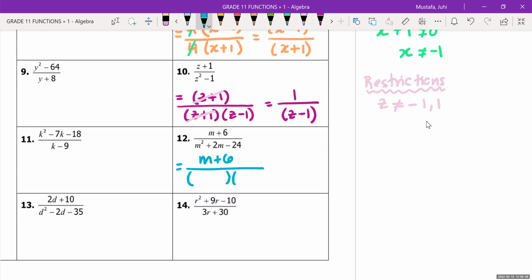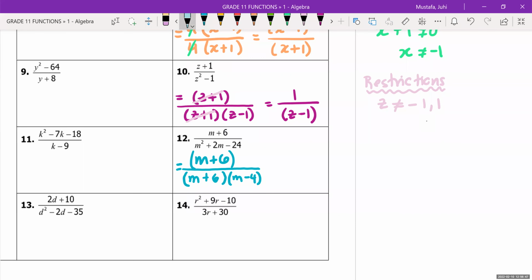You're going to get some practice factoring a simple trinomial. So I got m plus 6 in the numerator, and then at the denominator, I got m plus 6 and m minus 4.